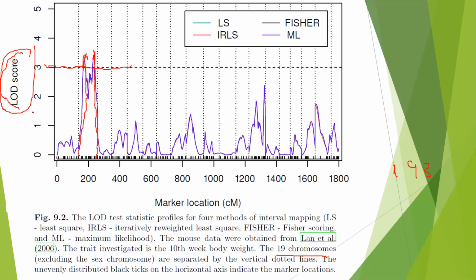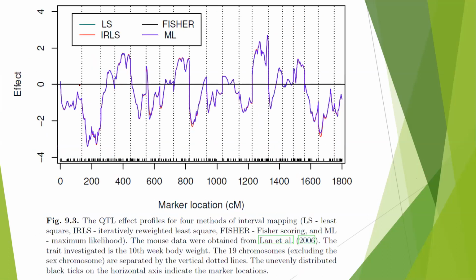This plot shows the test statistic, and this plot shows the genetic effects. Remember, doing this test, we can also estimate the magnitude of the genetic effects, either the additive effects or the dominant effects. Once we get the estimation, we can plot those effects along the genome to see the magnitude.